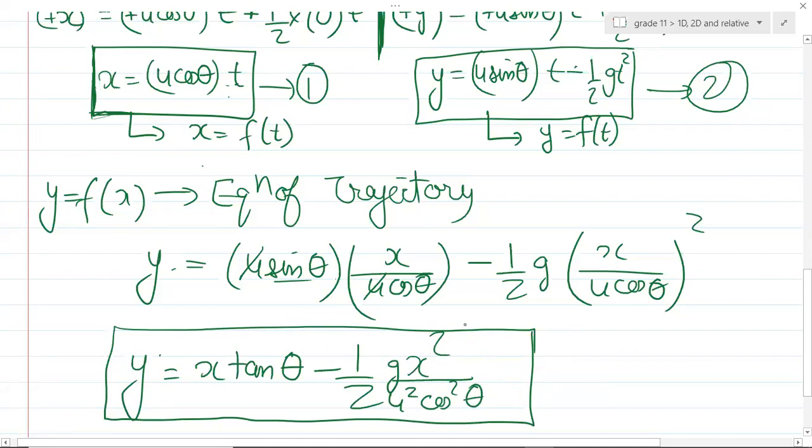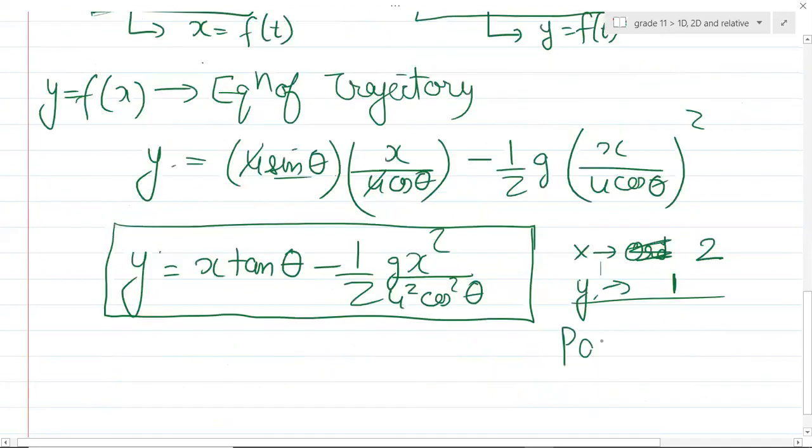What is the highest power of x? Do you remember the order, the degree of this polynomial? The highest degree of x is 2, and the highest degree of y is 1. Whenever x and y are like this, the graph will be a parabola.